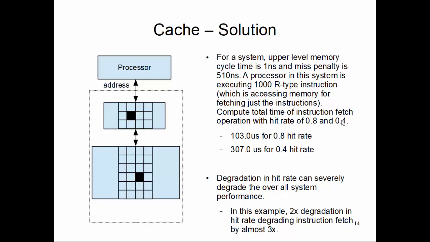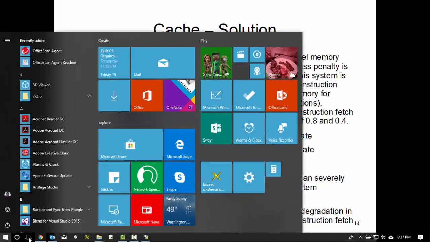And then we have a 20% miss rate for the first scenario, right? 0.8 hit, so 0.2 is missed. So 1000 times 0.2 is about 200.